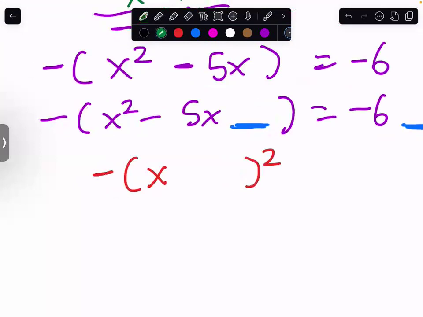And then to figure out the number in the parentheses, you take the b value and you divide it by 2. So -5 divided by 2. This time, let's go ahead and use decimal. -5 divided by 2 would be -2.5.